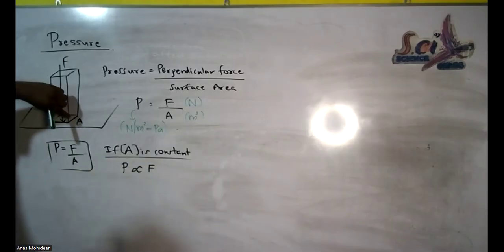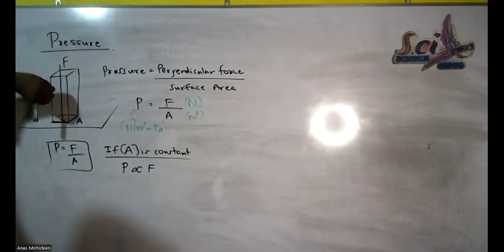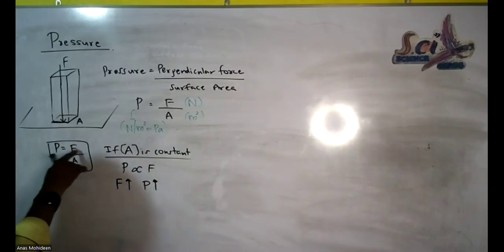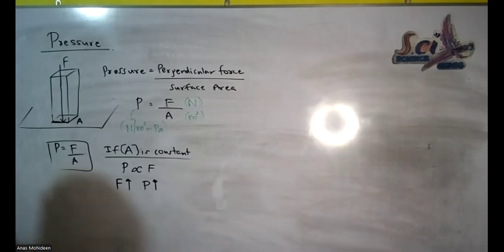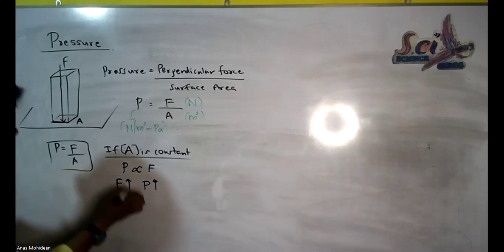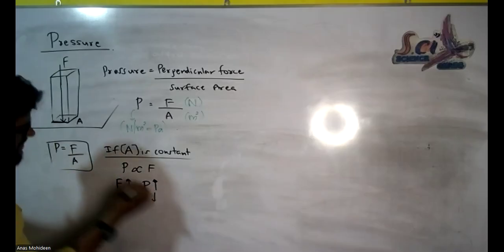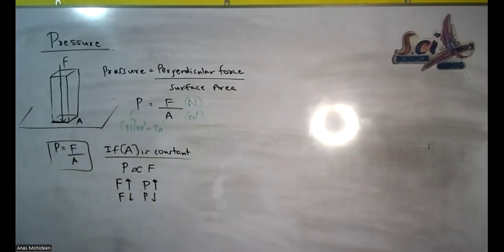Without changing the surface area, you push it harder, you apply more force, and the pressure increases. Directly proportional. When you decrease the force you apply, the pressure acting over the surface will be reducing because you didn't change the surface area.